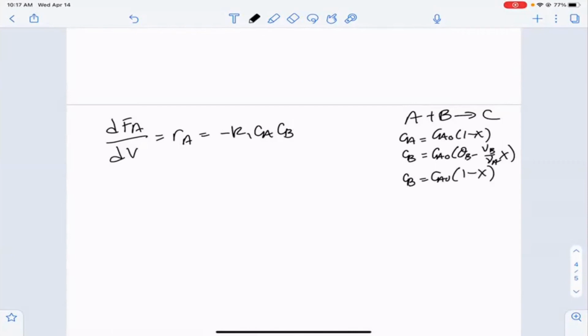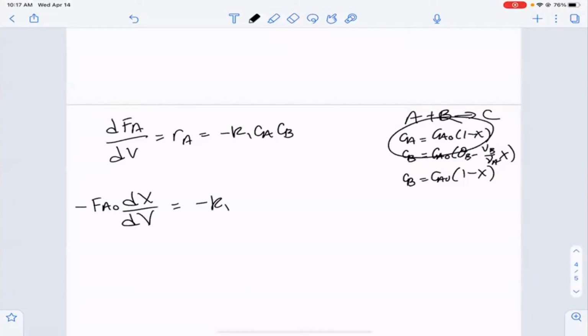So let's go ahead and plug in our conversion into this expression. dFA, of course, in terms of conversion is minus FA0 times dX. So minus FA0 dX/dV is then equal to minus k1, and then inserting these expressions that we have for the concentration of A and B, that's just Ca0 squared times 1 minus X squared.